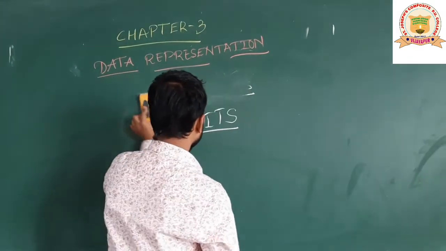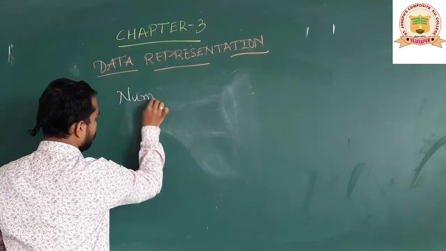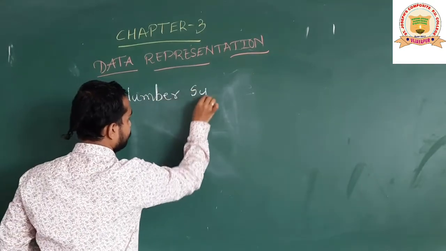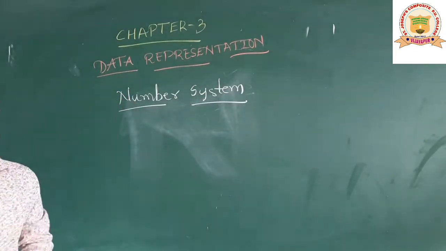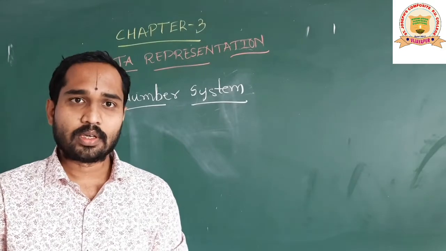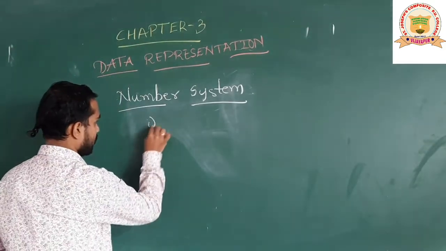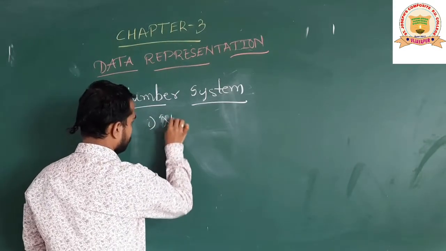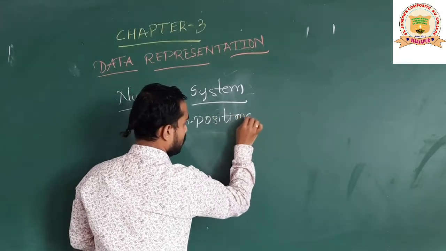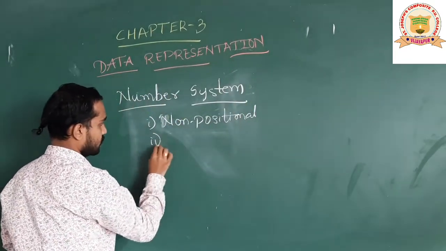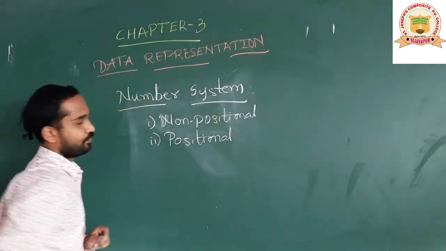So let us now see the types of number system. Number system, as we know, is divided mainly into two types: the first one, non-positional number system, and the second one, positional number system.